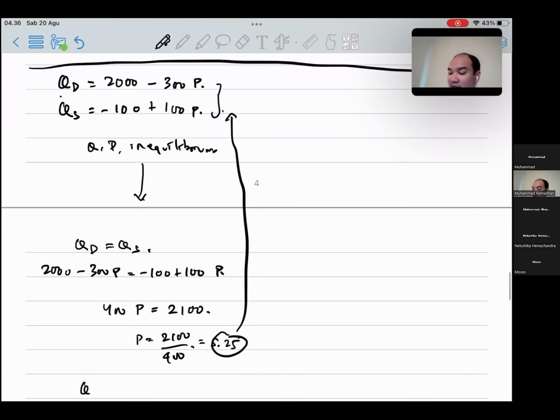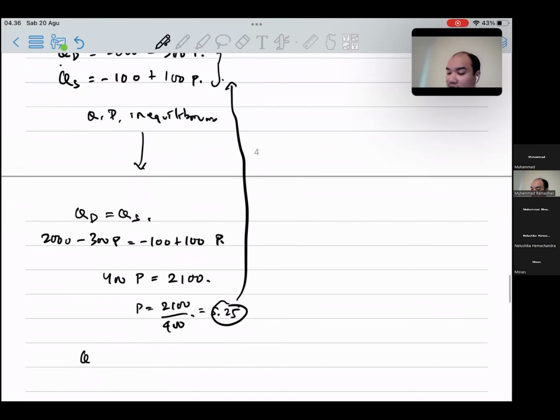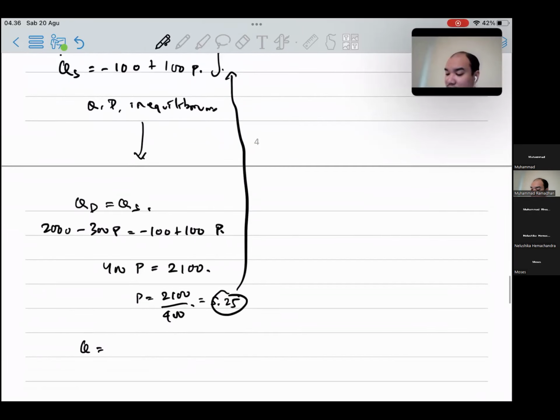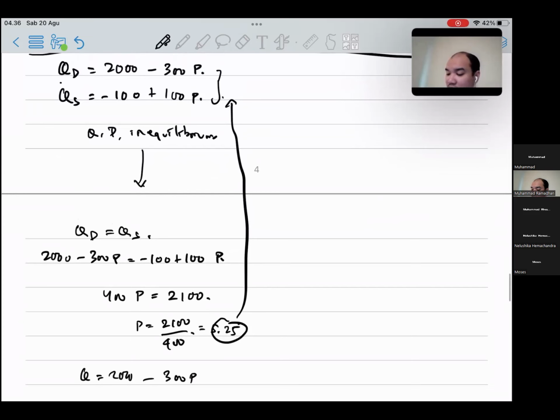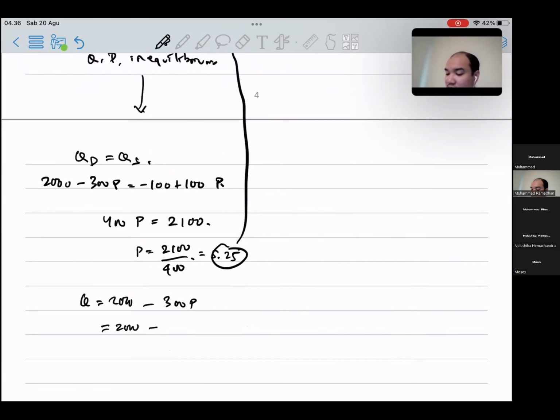For example, if we put it in QD, Q equals 2000 minus 300P, which is 2000 minus 300 divided by 5.25. How much is this? I have to open a calculator first.